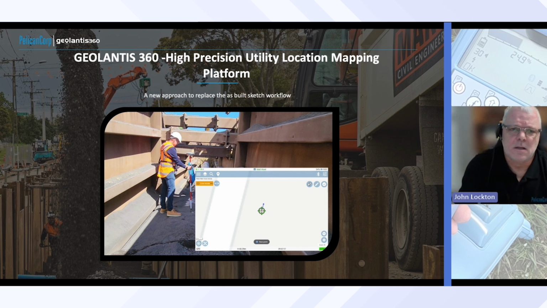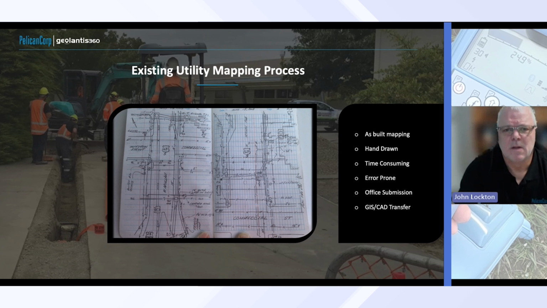So Geolantis is a new approach to replacing the as-built sketch. Historically, that sketching process has been very much a manual, paper-driven process where people are hand drawing where the assets are that they've found or that have been installed.